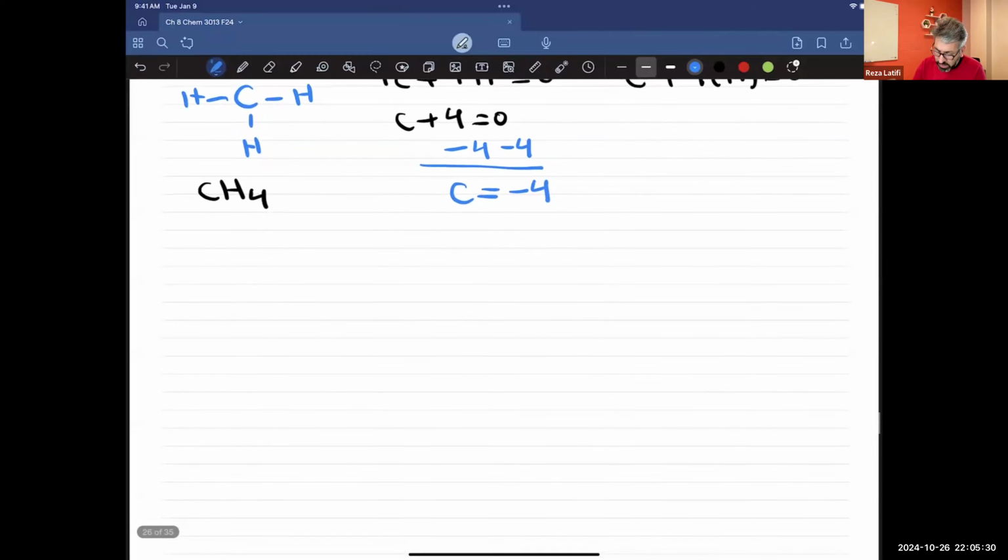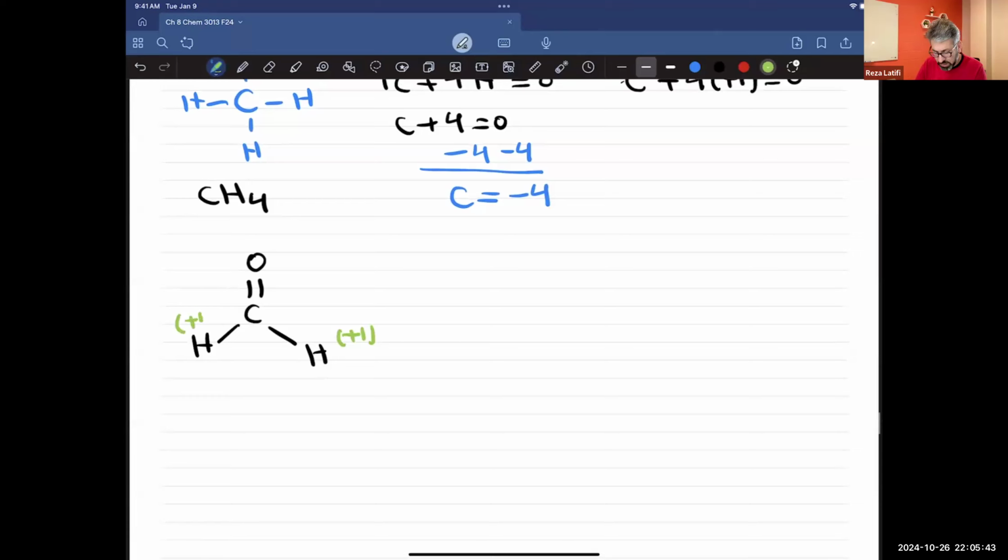Another one, let's say we have carbon attached to 2 hydrogens and an oxygen. The common charge for hydrogen is +1, and we have 2 of them. The common charge for oxygen is -2. So the negative charge is -2 and the positive charge is +2, so carbon must be 0.